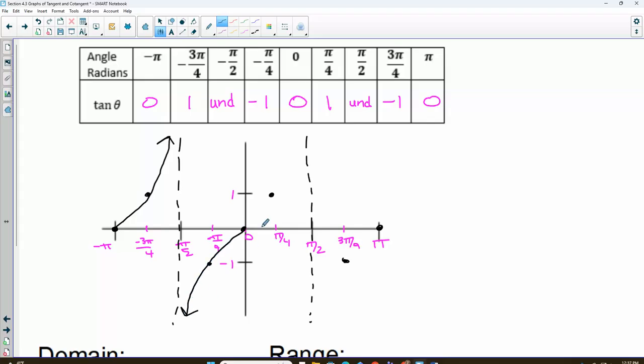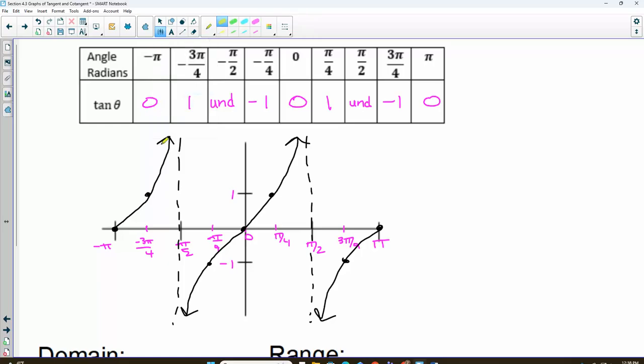If I draw these curves approaching our asymptotes, how many periods of tangent did I just graph?